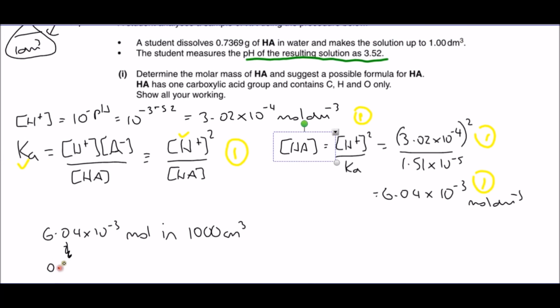That says I've got 0.7369 grams in 1 decimeter cubed, or 1000 centimeters cubed.